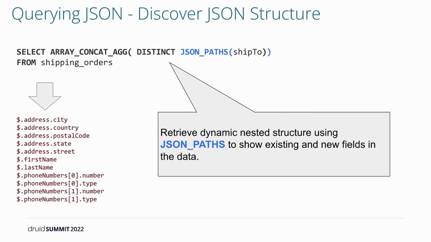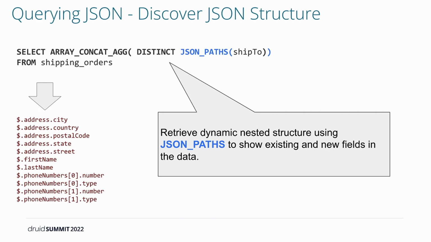To get a single list of all of the possible JSON paths across all of the rows, you can do something like this, where you're using an array concat agg function to create a single aggregation of all of the different JSON paths available within a particular JSON column.